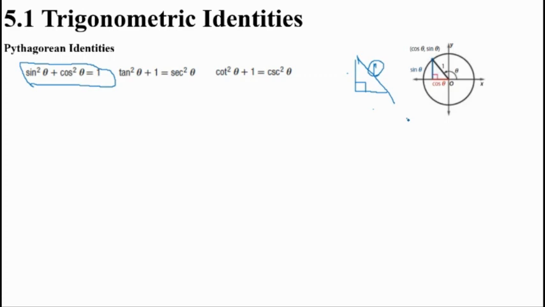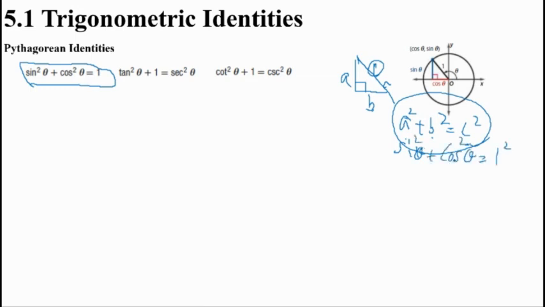So we already know A squared plus B squared will be C squared, right? So apply here: sine squared plus cosine squared equals 1 squared. So sine theta squared plus cosine theta squared will be 1 squared. That's why they call it the Pythagorean identity.